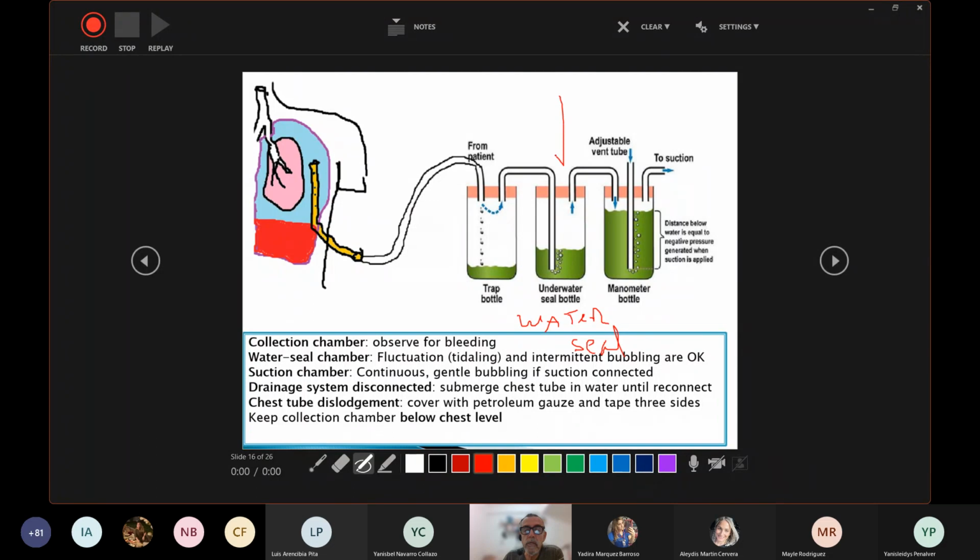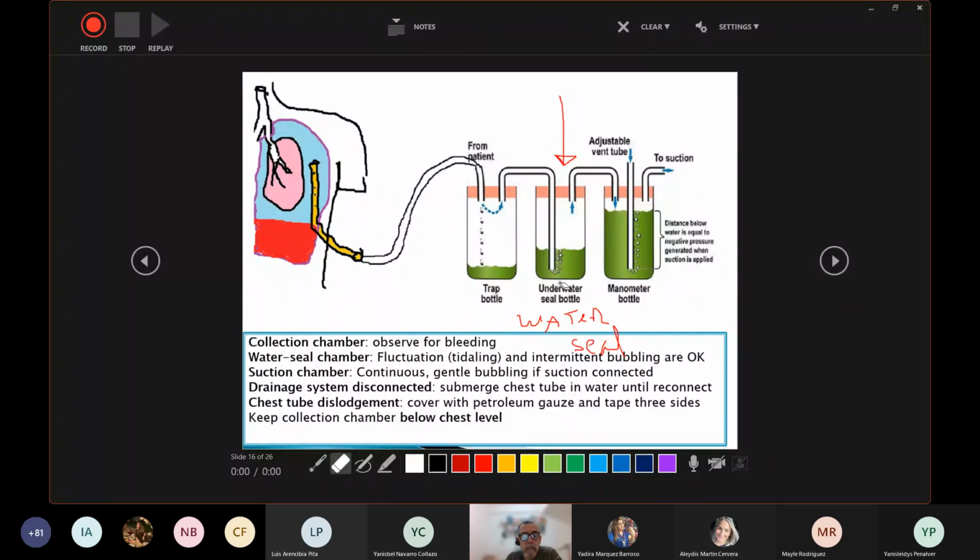So necessarily here you must have the tube underwater, and you must see the water going up until a certain limit when the patient is breathing in. But then you need to see the water coming down when the patient is breathing out.